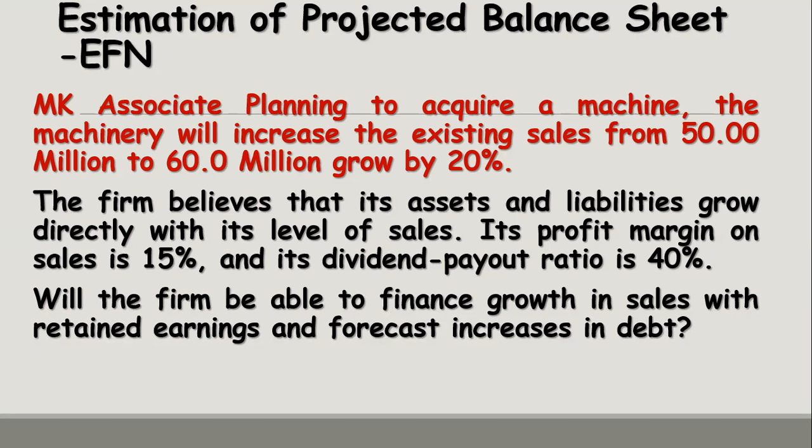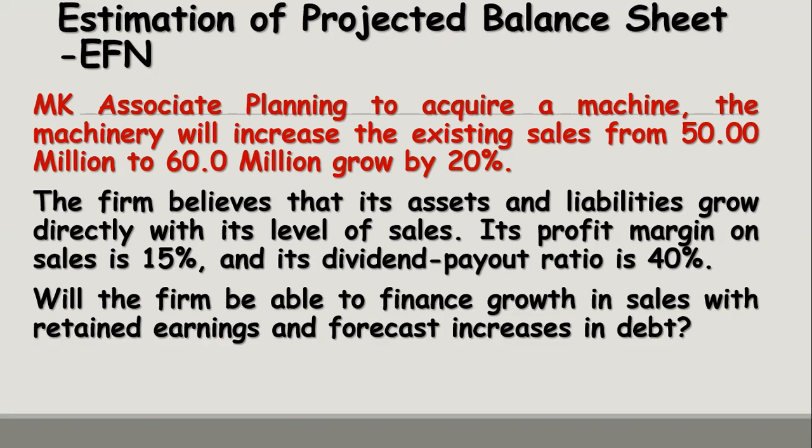Its profit margin on sales is 15% and its dividend payout ratio is 40%. Means whatever the company is earning, 40% of that net earning will be paid as dividend to the shareholders.